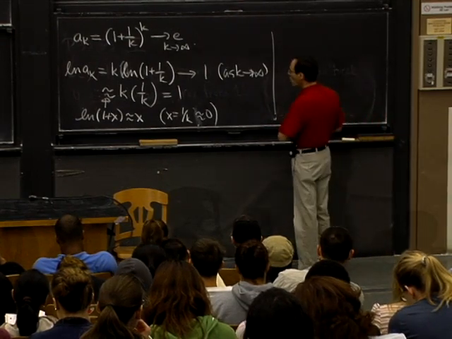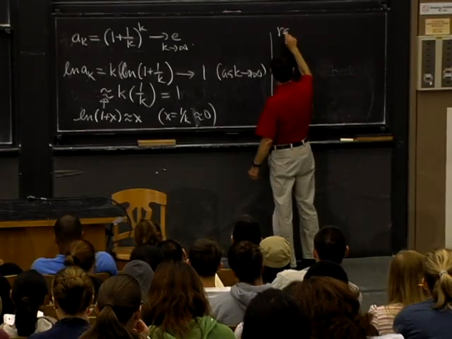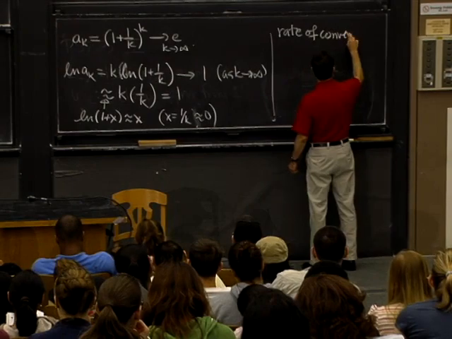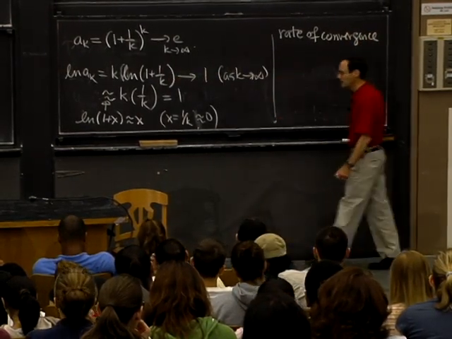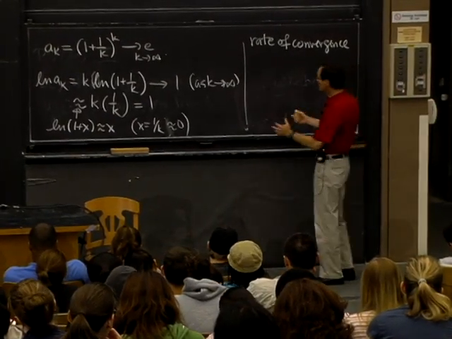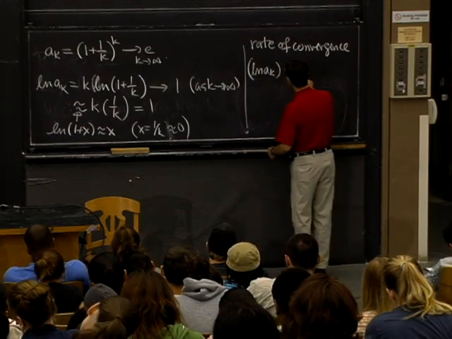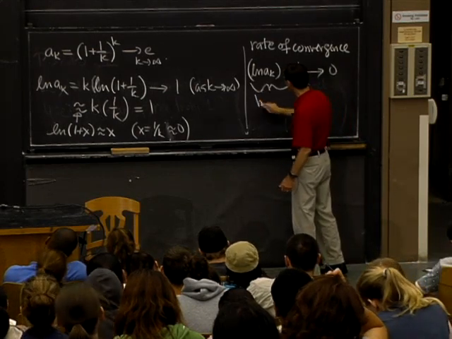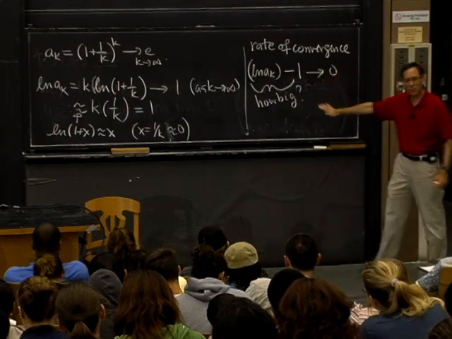Now, if you want to get the rate of convergence, which means how fast this is going towards that, what I have to do is take the difference. I have to take log a_k and subtract 1 from it. I know that this is going to 0, and the question is, how big is this? We want it to be very small.